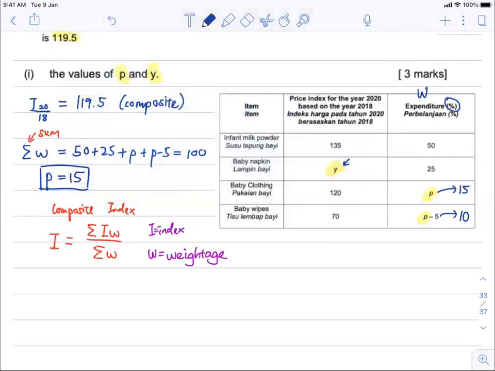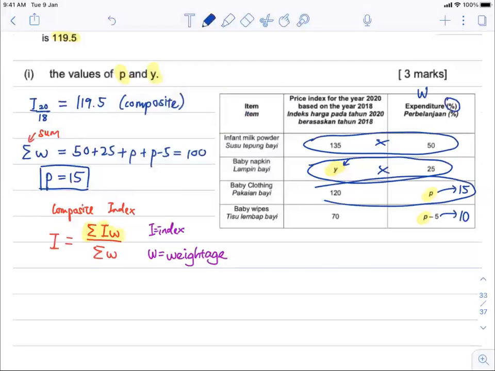Basically, what summation IW means is we multiply every row together like this. Multiply all the index with weightage and then add all of them up. This is what is meant by summation IW divided by summation W.